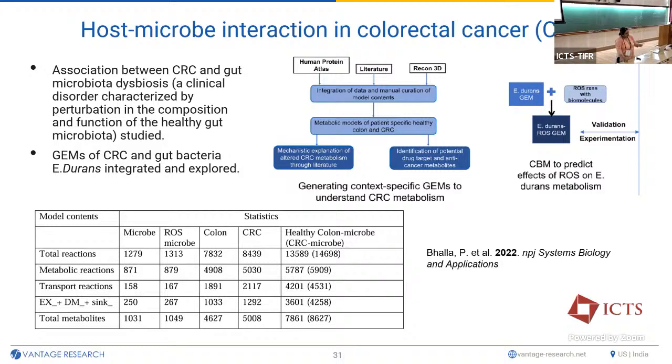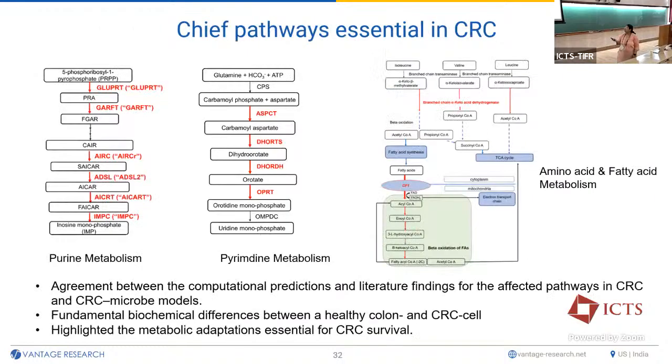But then as we went down the line, we realized studying in isolation doesn't make sense. If you want to know the protective effects of E. durans, you need to have the collaborating partners within the gut. So the results that I'll show you, we could not come across a result which is very specific to the bacteria. We were able to identify the protective effects within the bacteria, mostly at the level of folate metabolism.